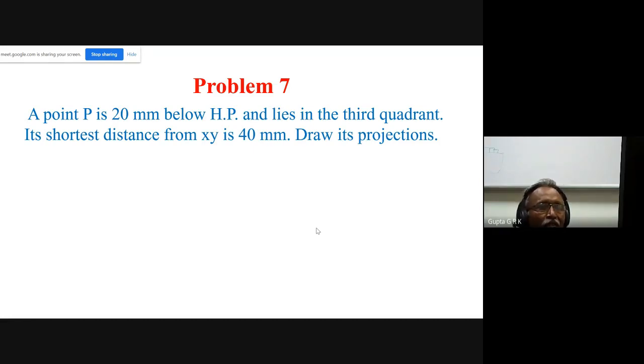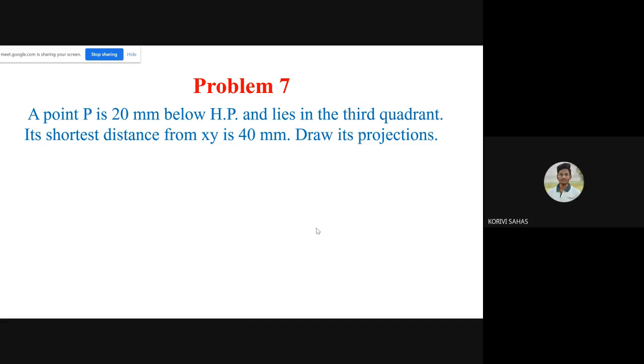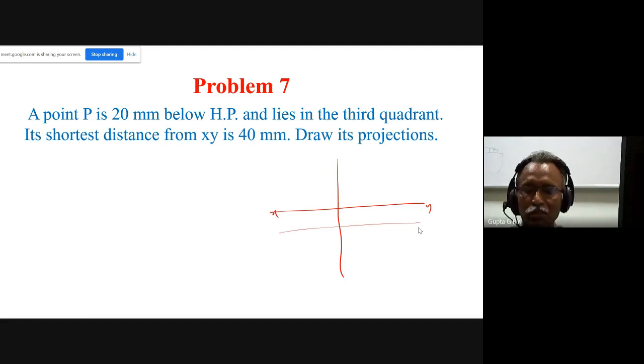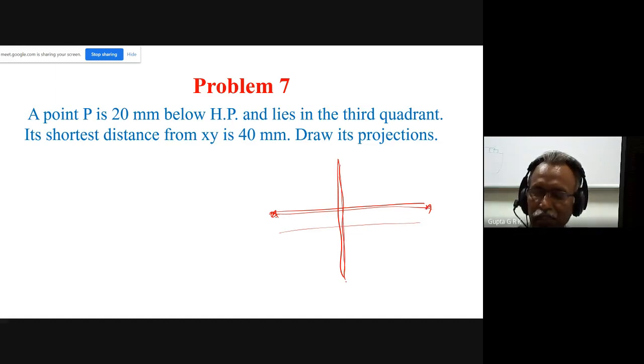So here what I do is, it is in the third quadrant, and so it is 20 below HP. Means if I draw a 20 mm line here, it should be below this. And shortest distance from XY: if I assume this is HP and this is VP, the point is somewhere on this line.